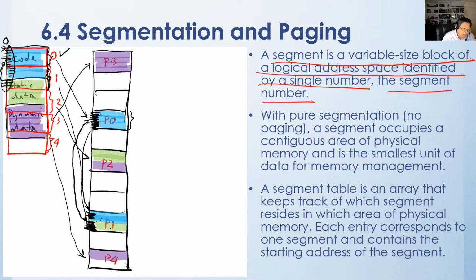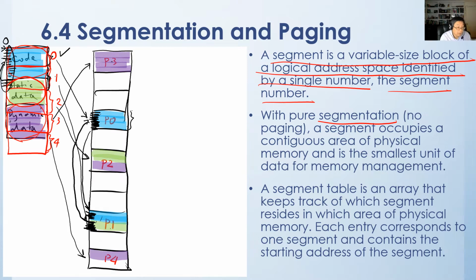Now we're dealing with segmentation, not paging. Okay. So in that case, I can pretty much define, say, the code as one segment, and the dynamic data as another segment, and static data as another segment.